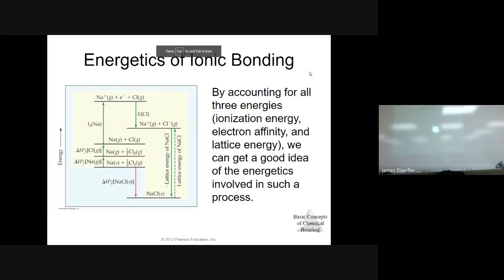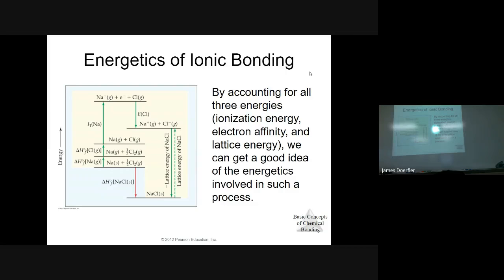All right. So yesterday, we started talking about ionic bonding. And we ended with our discussion on the energetics of ionic bonding. And so we discussed the type of energies that are associated with this type of bonding. I'll say it again.